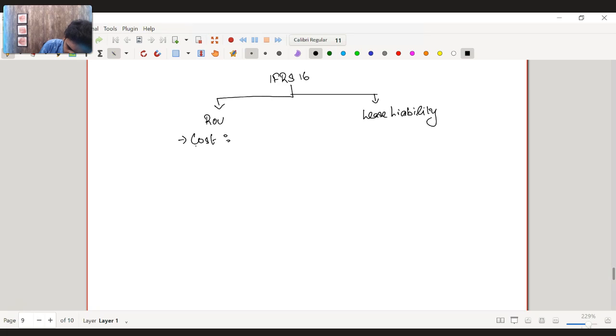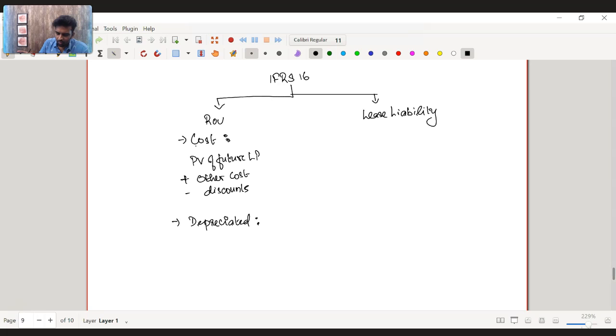The cost will firstly be the present value of future lease payments, plus any other cost, minus any discounts given. Then this ROU has to be depreciated.